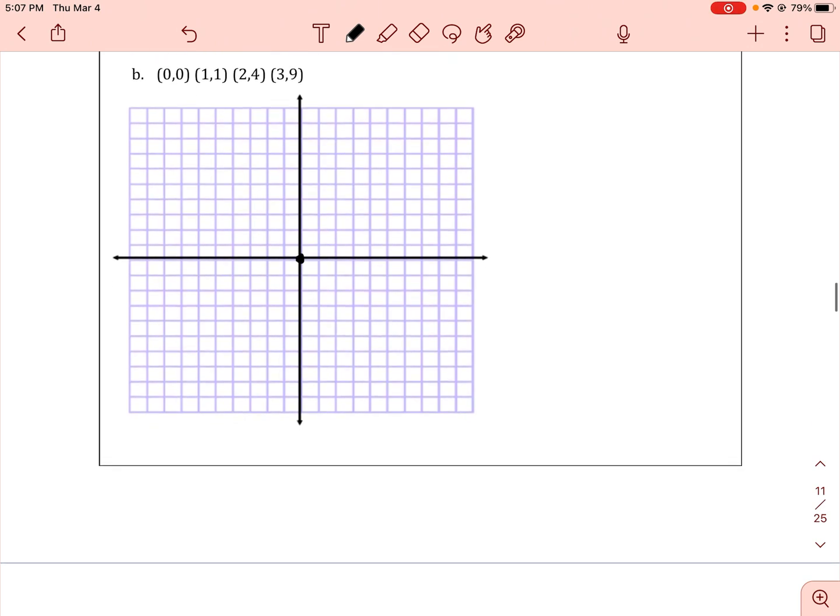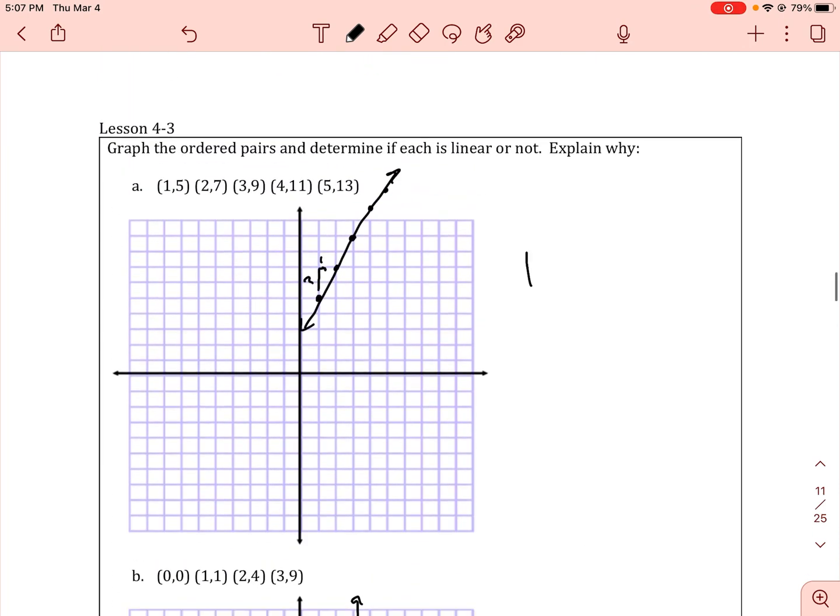Now let's look here. I get the point 0, 0, 1, 1, 2, 4, 3, and then 9. And as you connect these, you see that it curves. So this would be nonlinear. The one before it is linear.